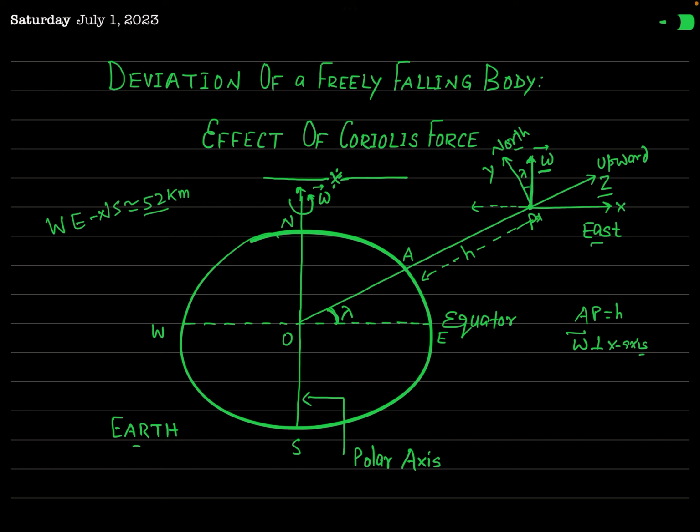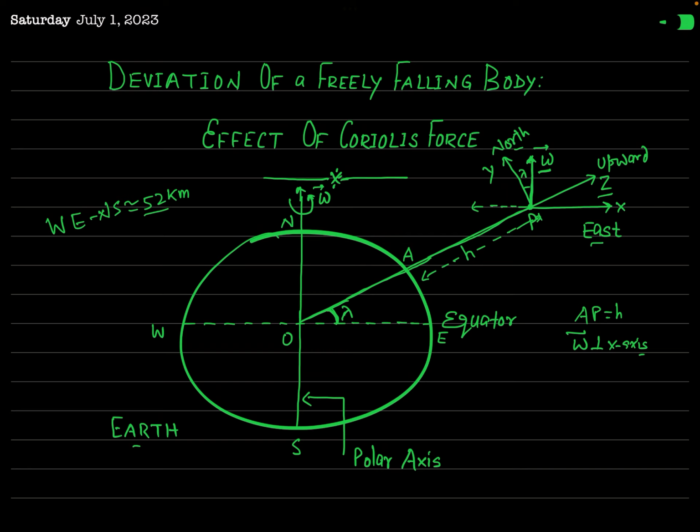You have definitely learned in your geography class in lower classes that the latitude of a place is the angular distance of the place or point from the equator, which divides the earth into two equal hemispheres. When you say angular distance, it means the position vector OP of the point P makes an angle lambda with the equator.